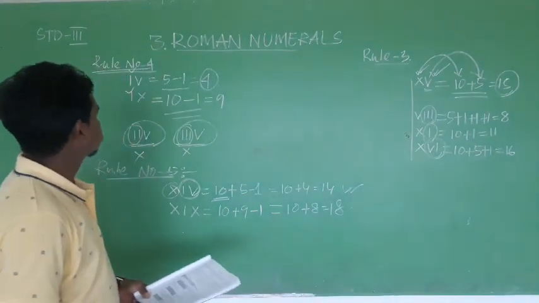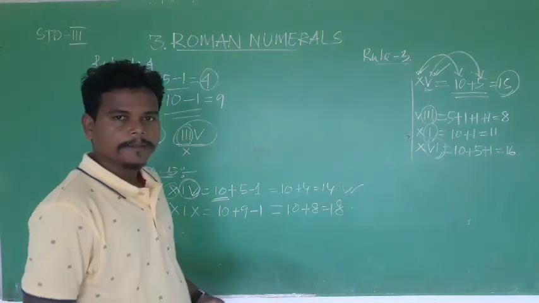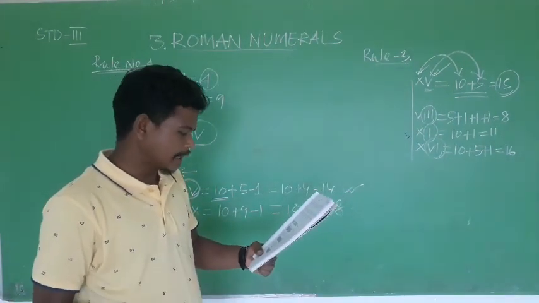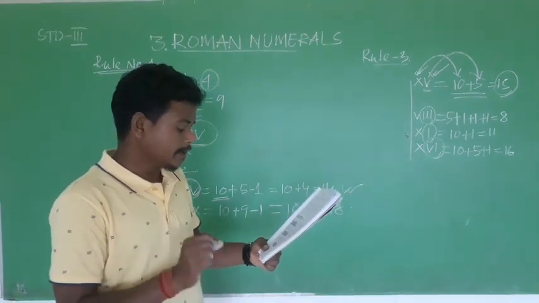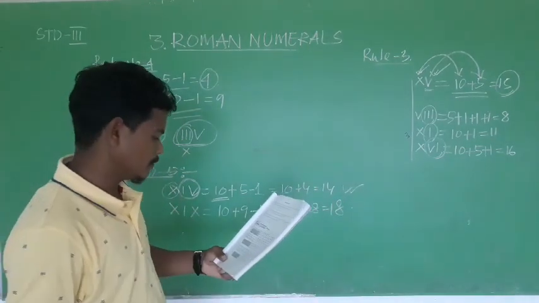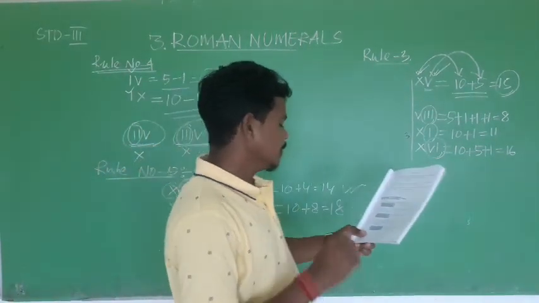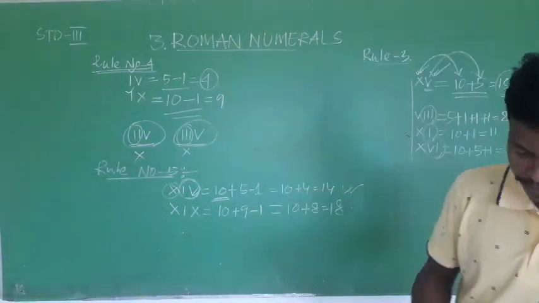So exercise of chapter 3 is this much only. There is exercise number 5, page number 33. Fill in by writing the numbers in Hindu Arabic notation. Next question number 2. Fill in by writing the numbers in Roman notations.